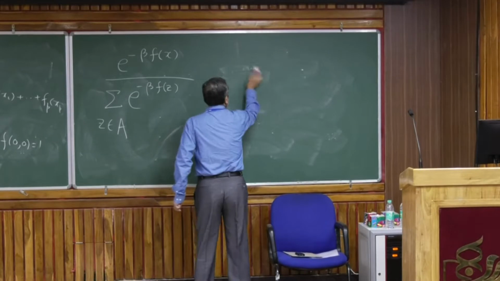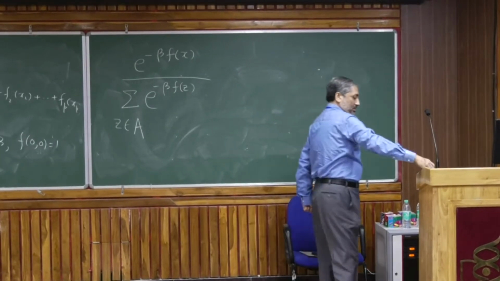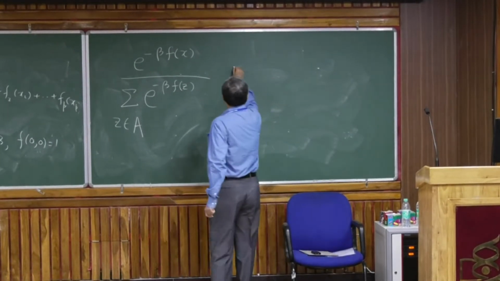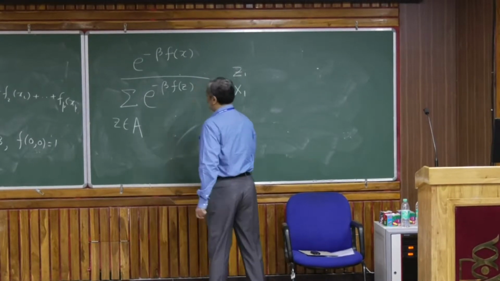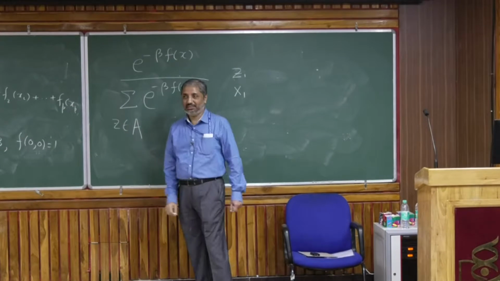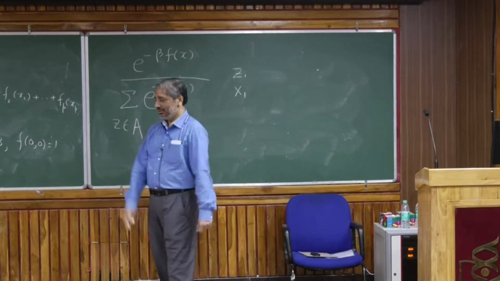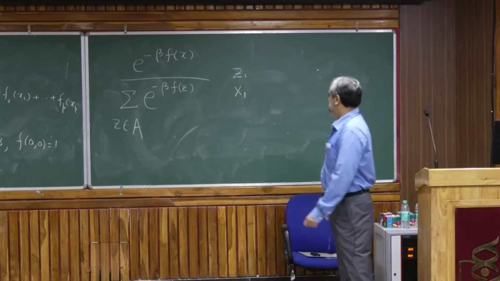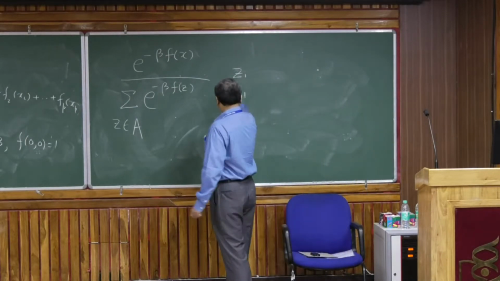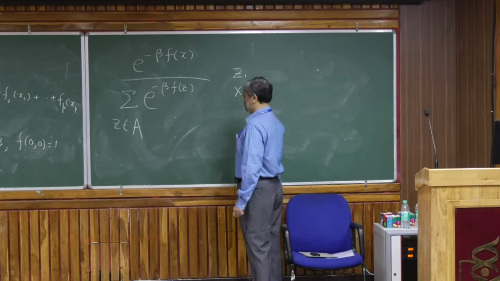Okay, not x1. Let's call them z1, and x1 is same as z1. So I first choose some z from A randomly. Okay, so I'm not using the Gibbs distribution. I just choose randomly an element from A, that is Z1, and I set my X1 to be Z1.